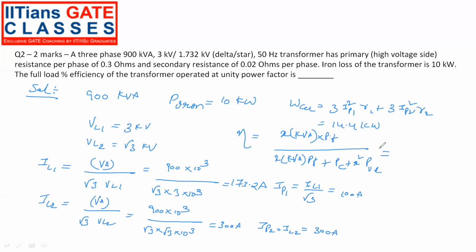Actually they're asking us at full load. So X will be 1 and the power factor is unity. So X and power factor are 1 and kVA is 900, and for the constant losses we can substitute iron losses of 10 kilowatt and the variable losses will be 14.4 kilowatt. So if you substitute all these values, we'll be getting around 0.9736, that is around 97.36 percentage.